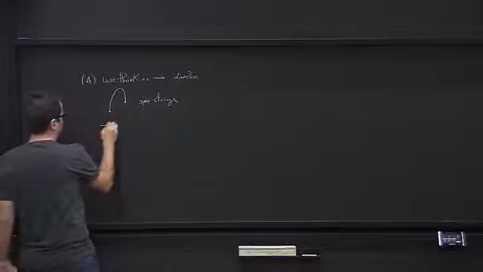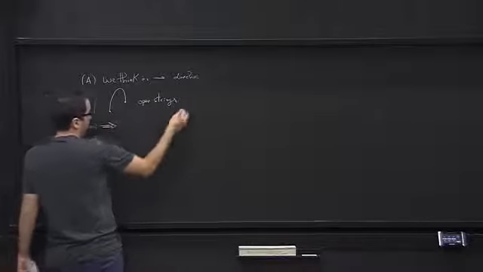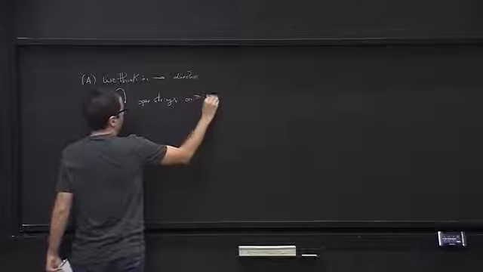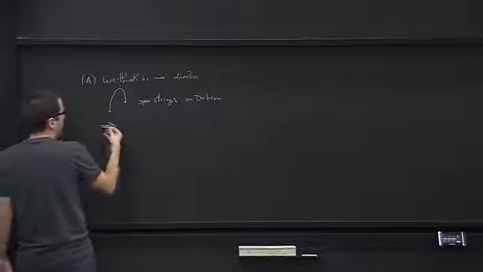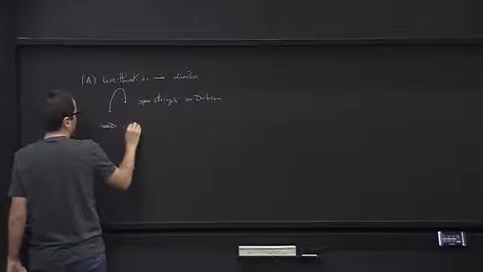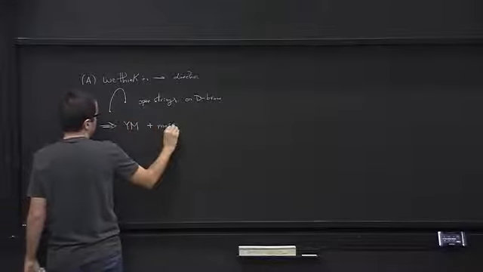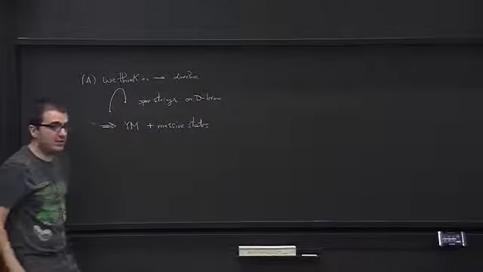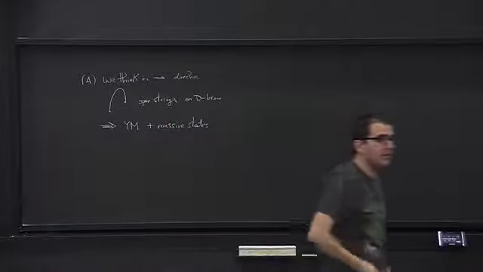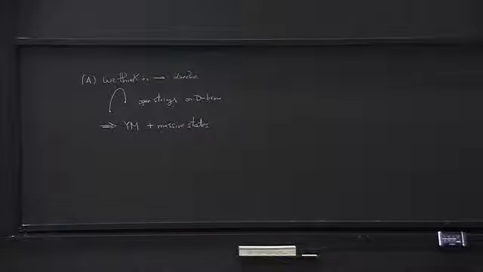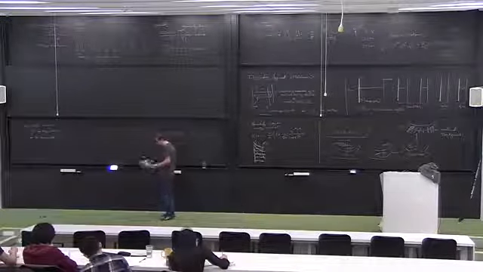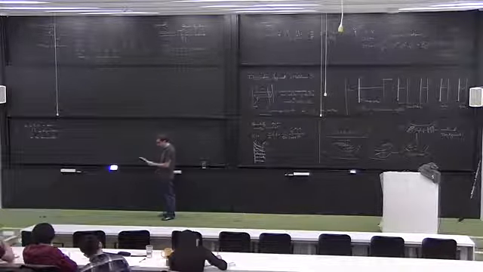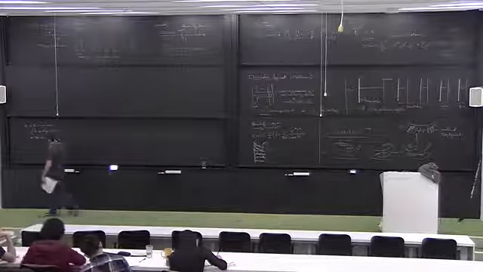And open strings on the D-brane, which is described by the massless spectrum, which is Yang-Mills, plus massive states. Okay? So there are some open string excitations that are massless. They describe the fields in Yang-Mills theory. And then there are some fields which are massive that describe massive string modes. Very good. There are infinitely many. Okay? So this is the description on one side.